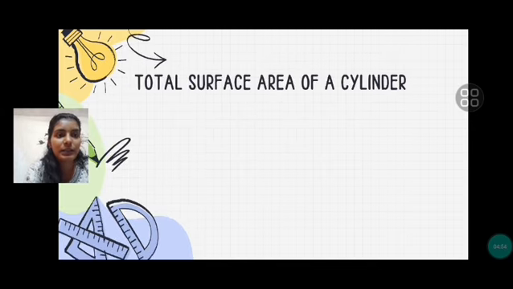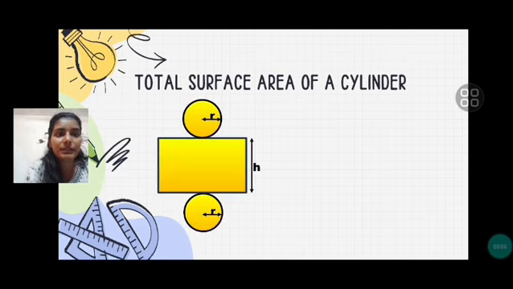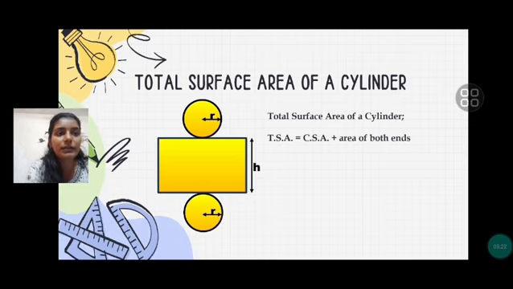To find the total surface area, what we have to do? We have to add the curved surface area to the areas of both the ends. In the middle, the curved surface area, we have it as a rectangle and we have found out the formula for it. What about both ends? Both ends are circular in shape, right? So we have to find the area of both the circles on top and bottom. The circles are of radius r. So the total surface area is equal to curved surface area plus area of both ends. The curved surface area is 2 pi r h, plus 2 into the area of the circle.